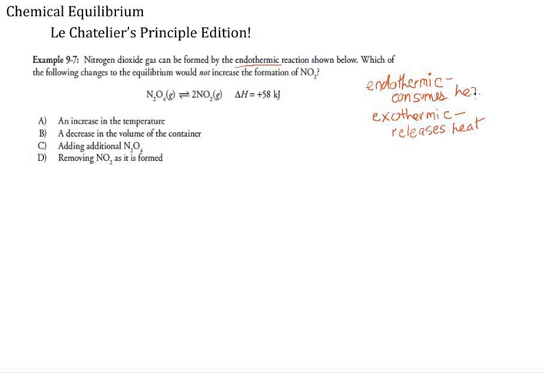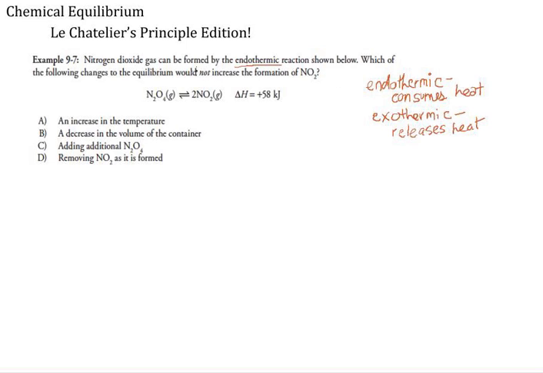And it's worth noting that when we're dealing with Le Chatelier's principle and equilibrium in general, any reaction that is either endothermic or exothermic on some level is both, right?